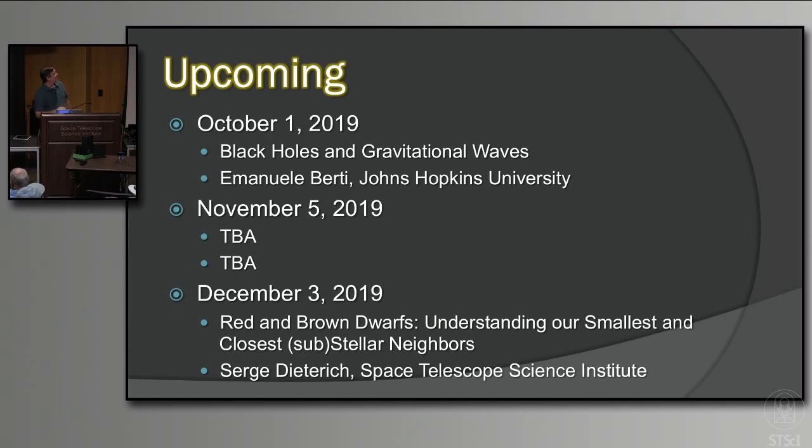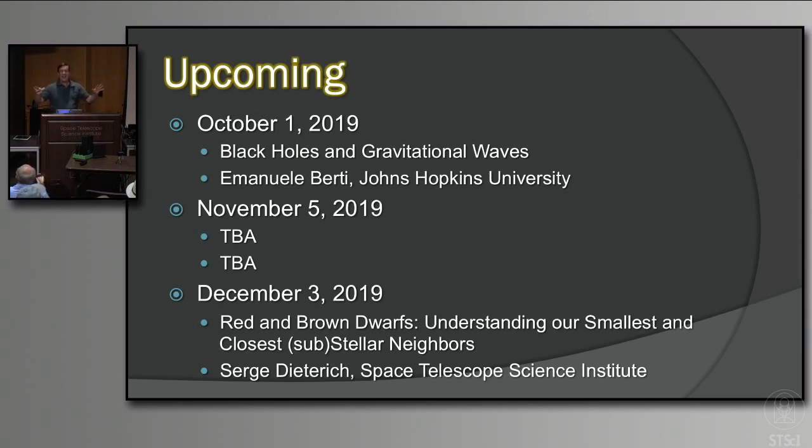Next month, we have black holes and gravitational waves, always a very popular topic, from Emmanuel Berti across the street at Johns Hopkins. In November, we have our infamous TBA, who appears every now and then, but always cancels before it's time for TBA to give the talk, which means I will have somebody fill in that slot.